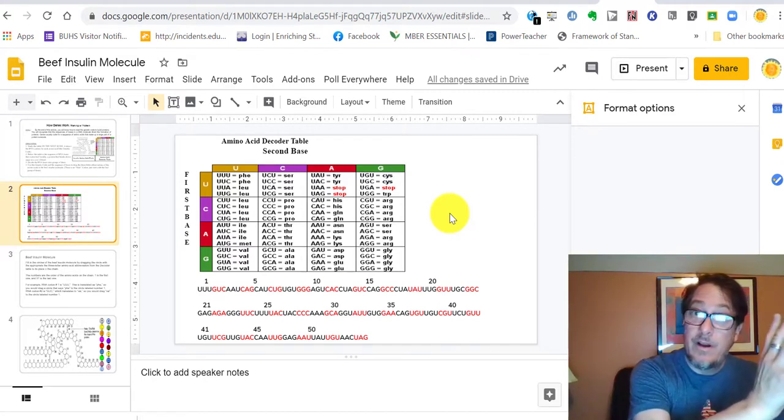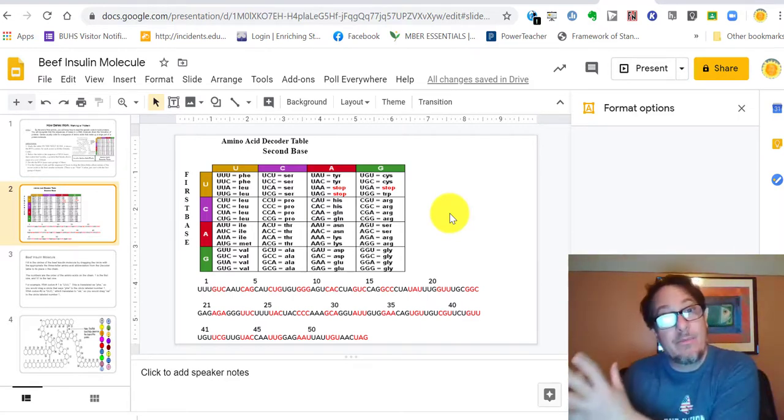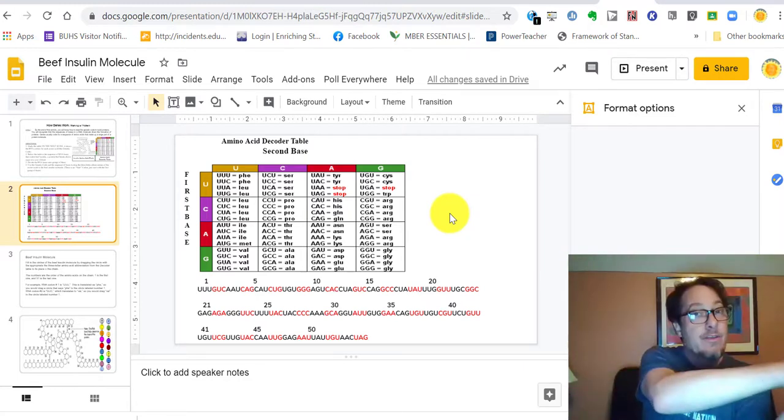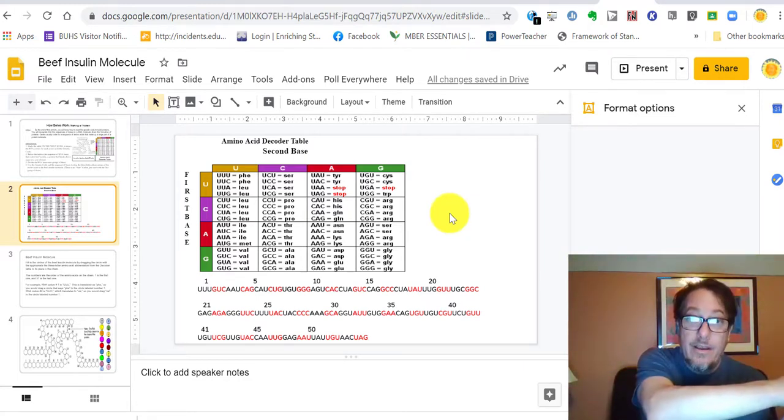has to be made because DNA can't leave the nucleus, but the machinery that makes proteins is outside of the nucleus. And so what happens is, in the nucleus, a photocopy gets made called RNA, which is made with complementary bases to the DNA.